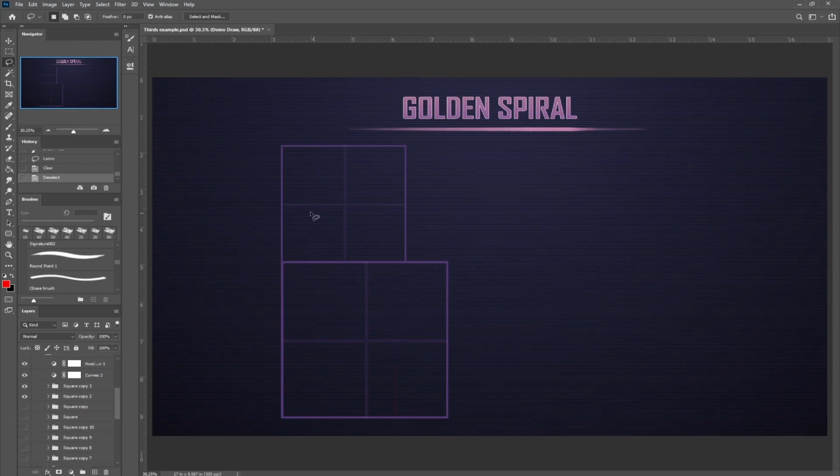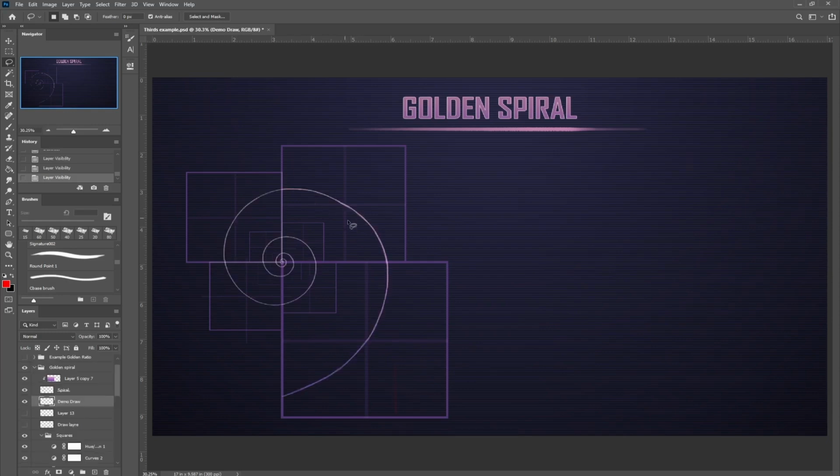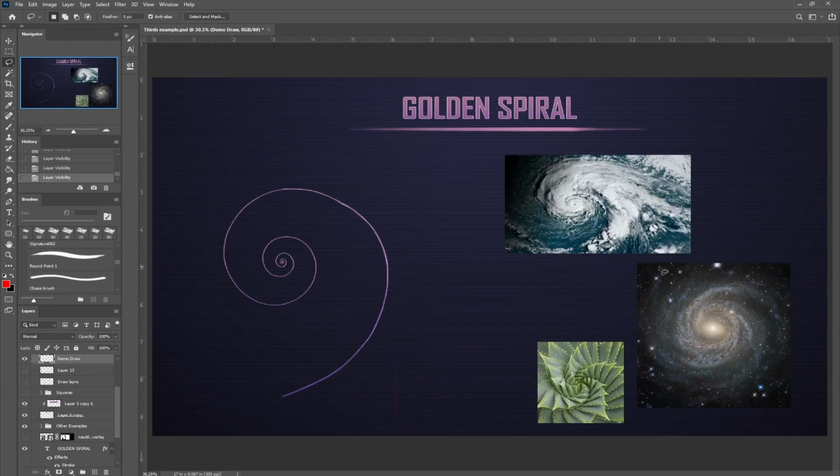And if we keep rotating this around and around and around, we get something that looks like this. And if we keep going around, drawing a point in every square and dividing it up with those thirds, we get this golden spiral, this infinitely scalable spiral. And in nature, we see this in plants, in galaxies, and in storms.